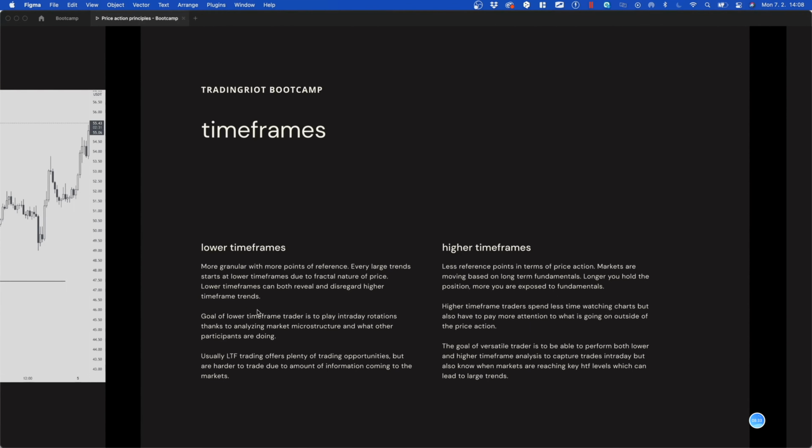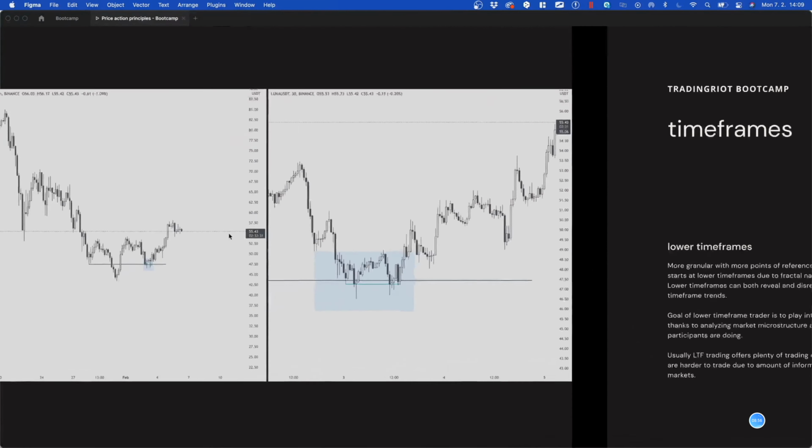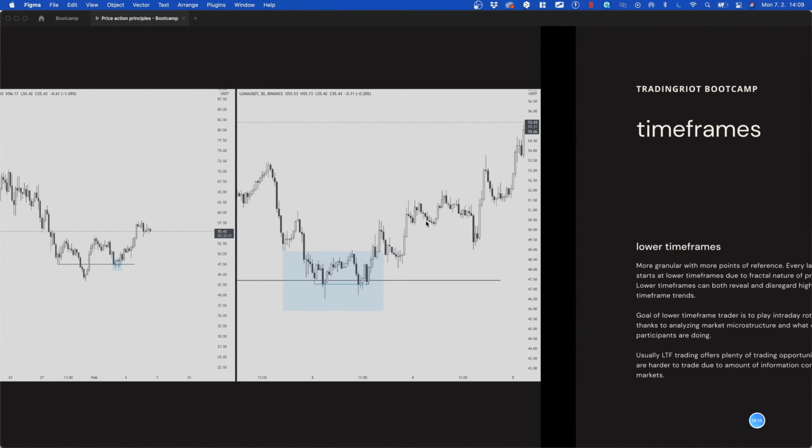Usually the low time frames offer plenty of trading opportunities, but are harder to trade due to the amount of information coming to the markets. This is the thing that I mentioned about the granularity of lower time frames. If, for example, people only trade market structure and they are watching these breaks of structure, you will see plenty of them during the day.